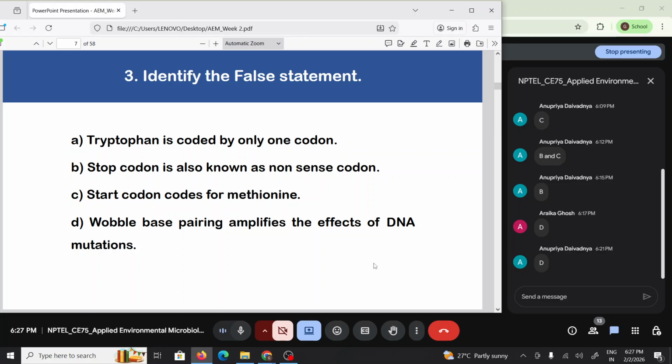So there are chances that though the codon has one position changed to another nucleotide, still the correct amino acid comes and sits. In that case, Wobble base pairing will minimize the effect of DNA mutation, and hence only that statement is the false statement here. The other three statements are true.